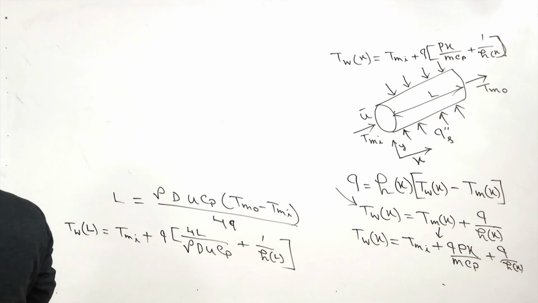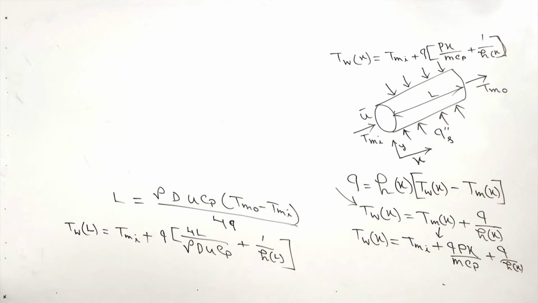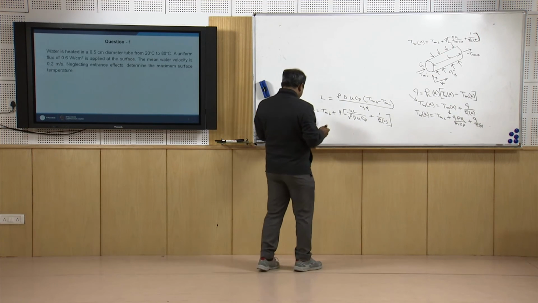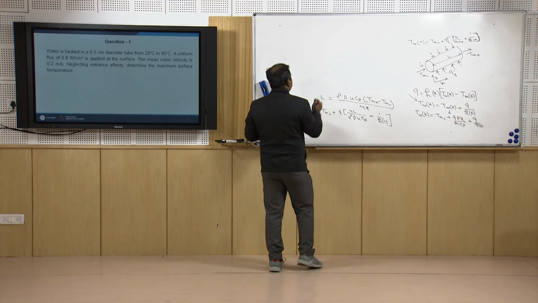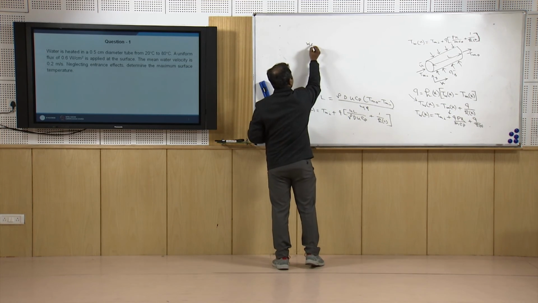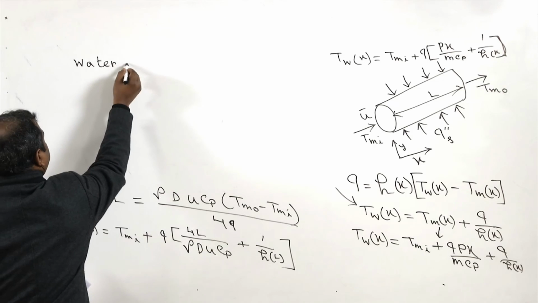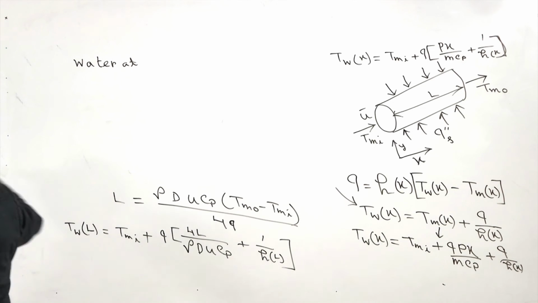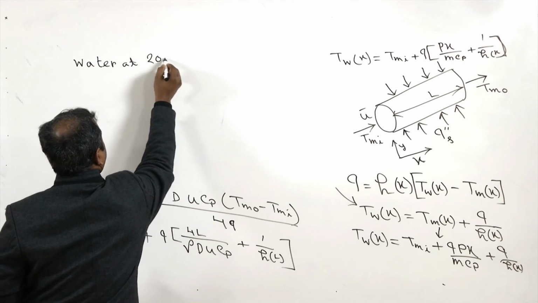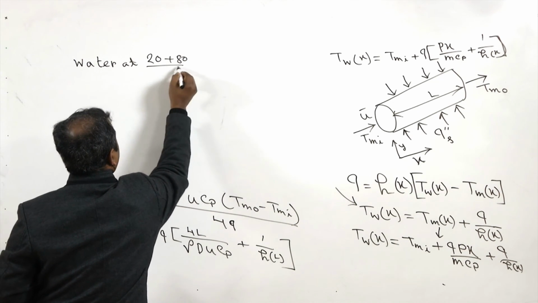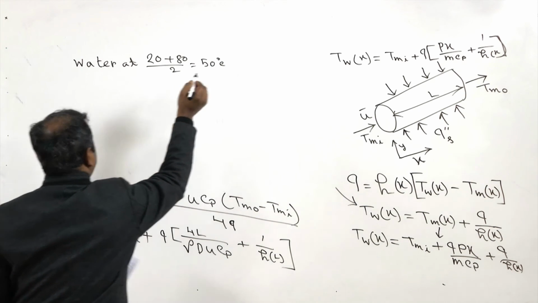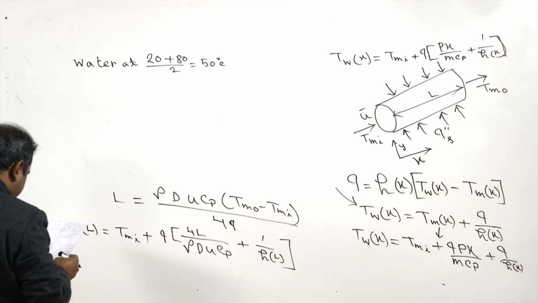It was actually 20 degrees to 80 degrees, so the properties we need to find at the mean temperature, 20 plus 80 by 2, which is equal to 50 degrees. So, water at 50 degrees.